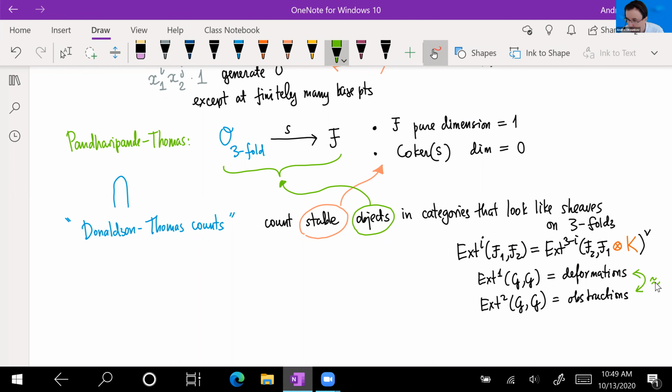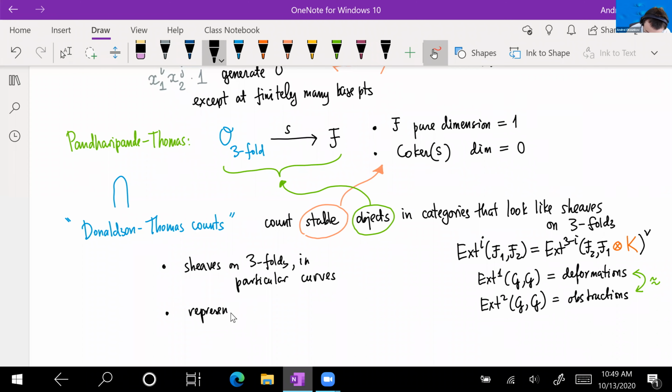One of them is sheaves on threefolds; another example, a real example, the original one, is sheaves on threefolds, in particular curves, meaning one-dimensional sheaves in threefolds. And then other things are like representations of quivers.